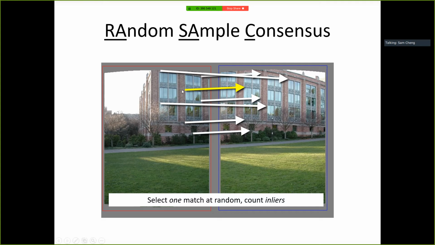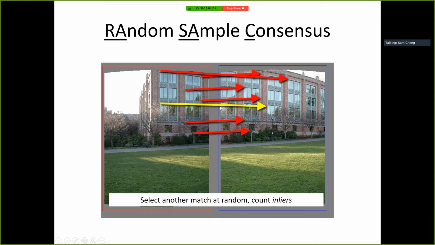So I take this, build a model, and for this model, this blue one, if I verify against the rest, the blue ones say it's a correct match, and this red one says it's incorrect. Then if I take another one, let's say I take this one and try to build a model, this time all of them say that it's incorrect. So then I can say the first one is a good model, the second one is not a good model.